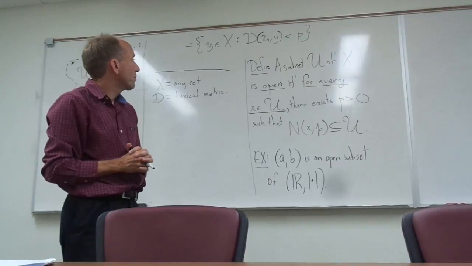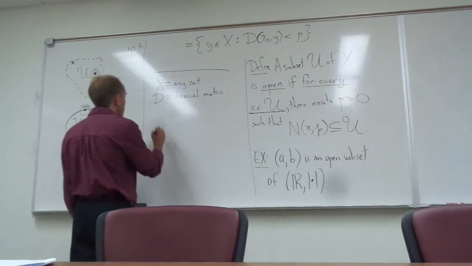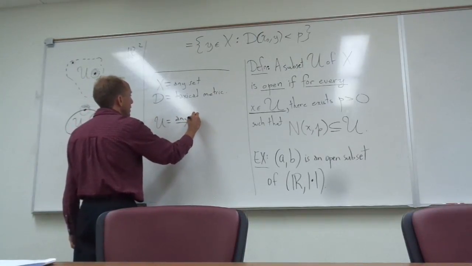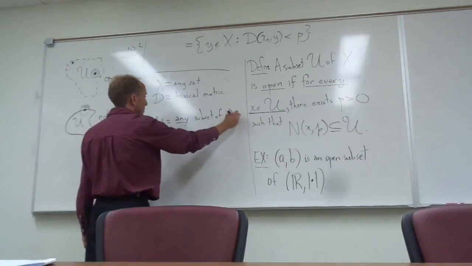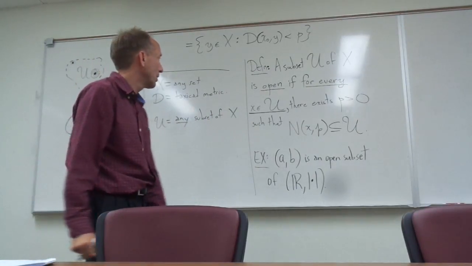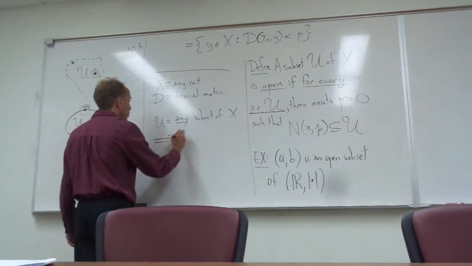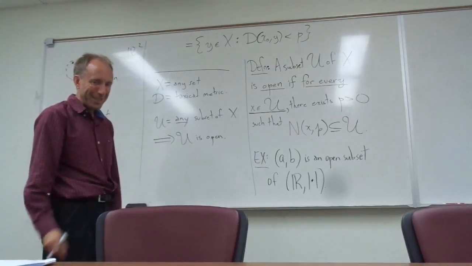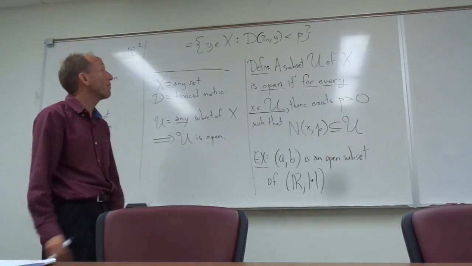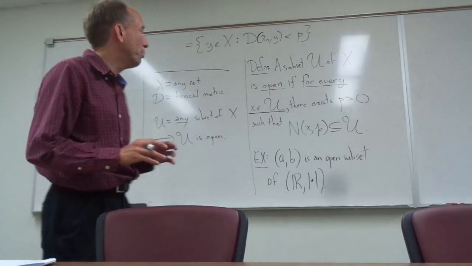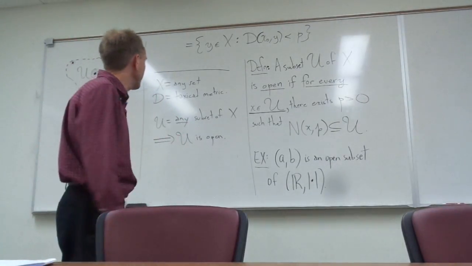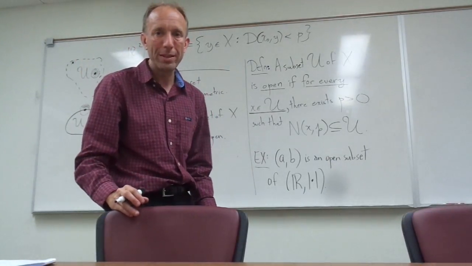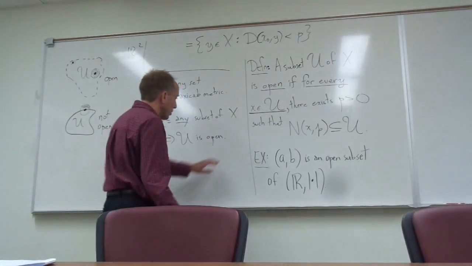Well, it turns out, if you let U be any subset of X, then U is open. Let's see if I can convince you here. Every subset of X is open if you use the taxicab metric. If you remember, that's the metric where all distances are equal to 1. Between any two distinct points, the distance is always 1.